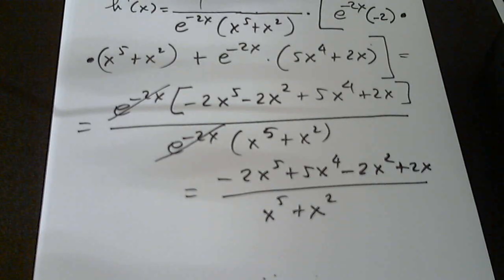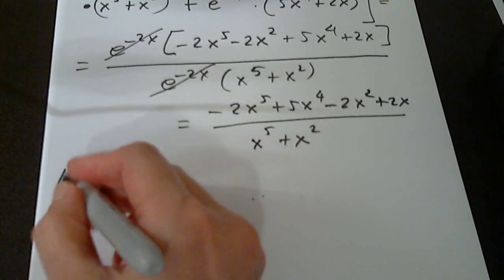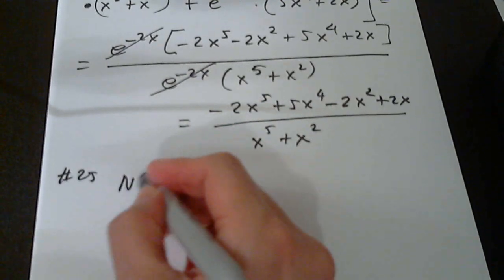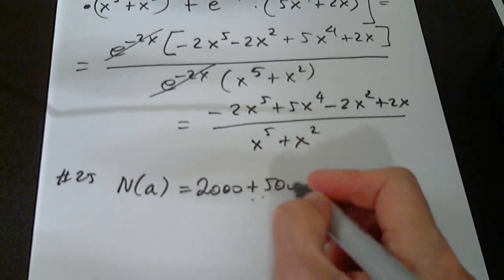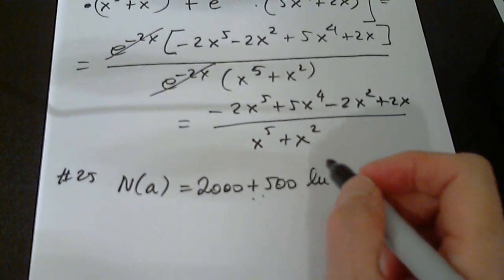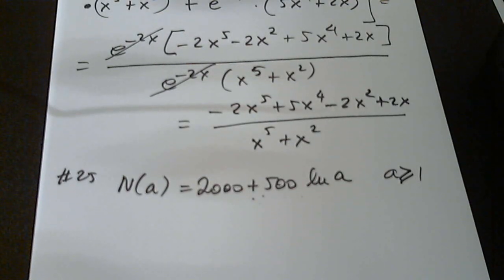I know we have only a few more minutes left, but let's take a look at any word problem, maybe 25, even if we just start. So in 25, we have N of A equals 2,000 plus 500 natural log A. And they say, of course, A is greater than or equal to 1.